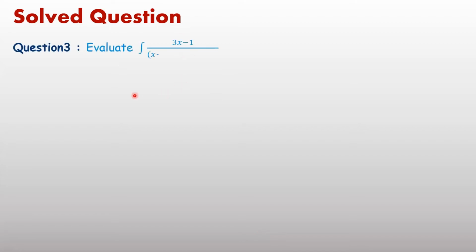Now, in the next example, there are three factors. Again, it is a proper rational function because the degree of the numerator is less than the degree of the denominator.